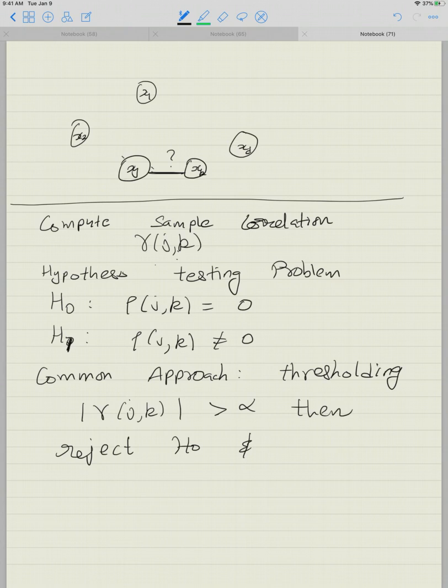That is, we reject the fact that the correlation is 0 and put an edge between the vertices j and k. This is not the only approach. This is the simplest approach, but we can have some slightly more complicated methods that give us more precise guarantees.